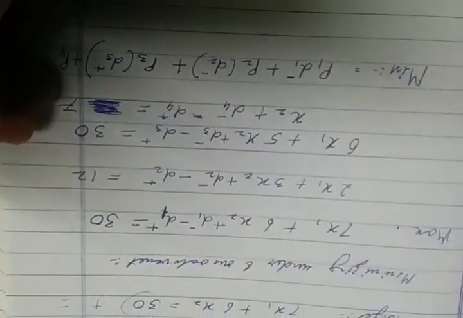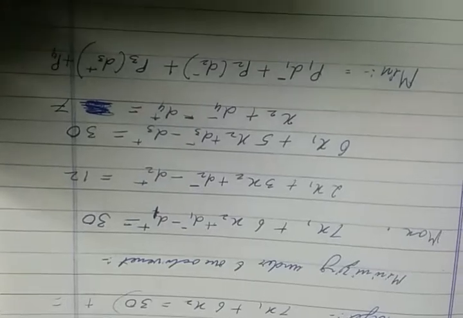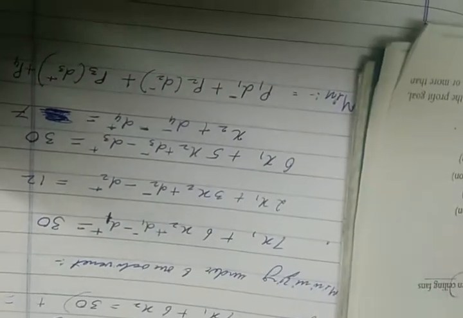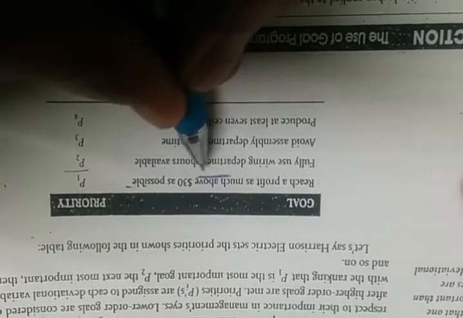Now comes priority. A company may have numerous goals, but the priorities of those goals will vary. In our case, they have given us the priority P1 to reach a profit above 30. This word above is very important to notice.